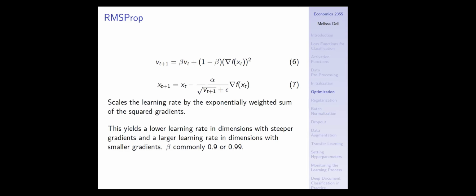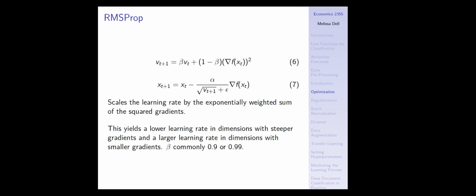The exponential weighting decays the sum as you move further and further away. You want to do that, because if you don't decay the sum, then that sum is going to blow up. So you compute that, and then you divide the learning rate by the square root of that running sum of the squared gradients.